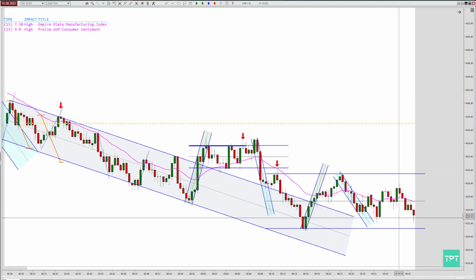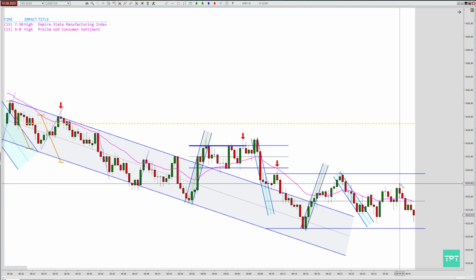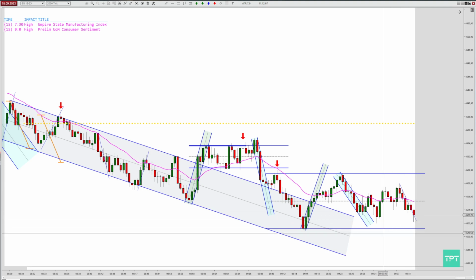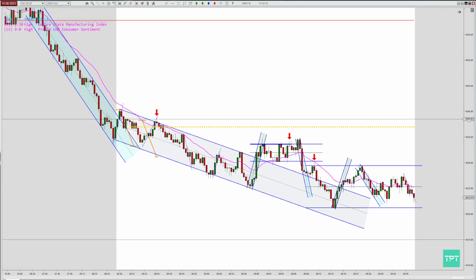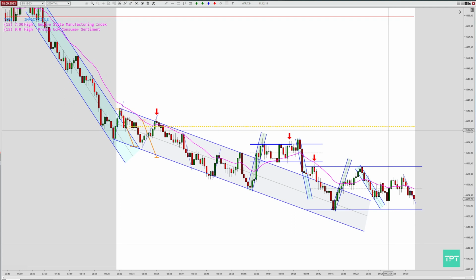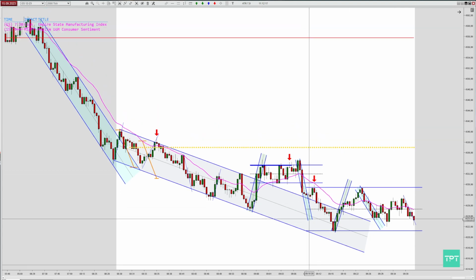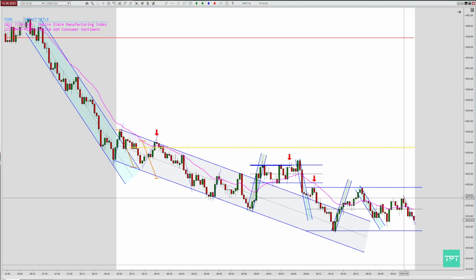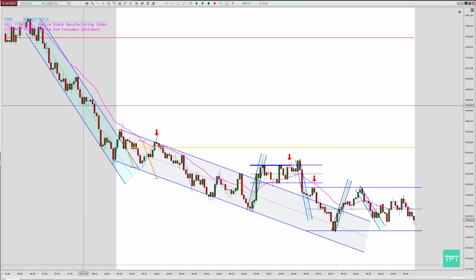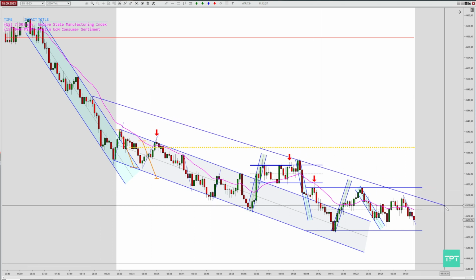And now we get some movement to the downside here to test maybe this support area. But what I want to check is maybe we have a bigger channel in play, because this looks like we're getting a swing here, some potential swing here. So maybe trying it with this.